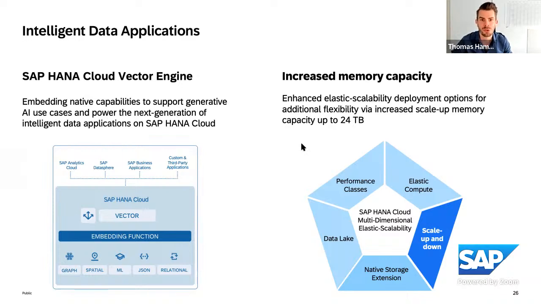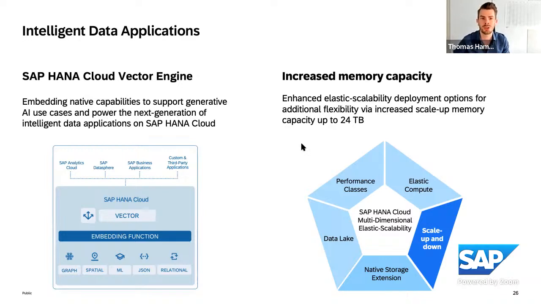And additionally, we've also shared that we're working on increasing our in-memory capacity for SAP HANA Cloud even further. As of today, we can already store up to 6 terabytes in memory. But we see growing demand for in-memory capacity, apart from all the other dimensions we have for scalability in HANA Cloud.